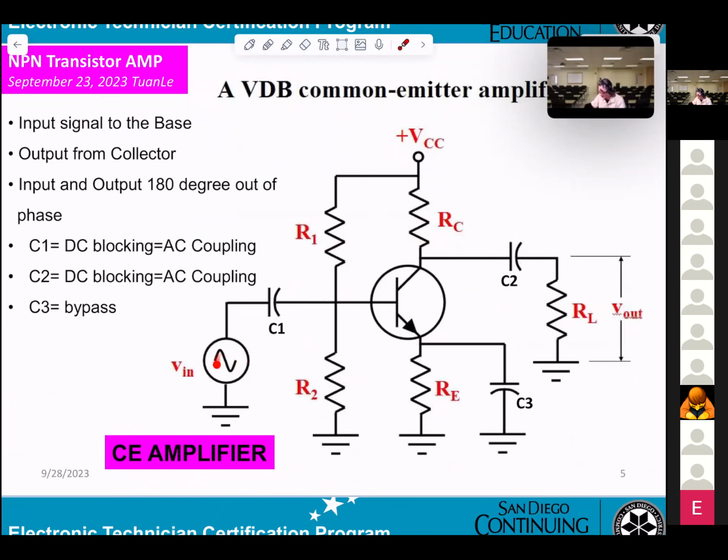Your voice here is applied to the base. So basically, that will be VB, and that will be VC, and that will be VE.